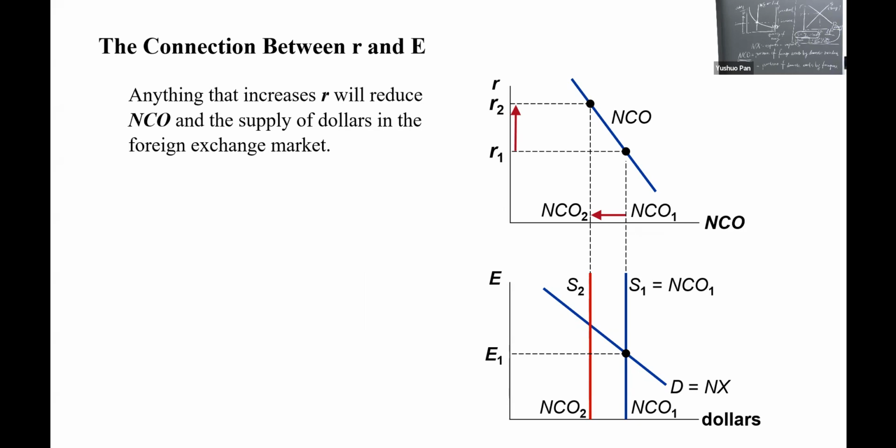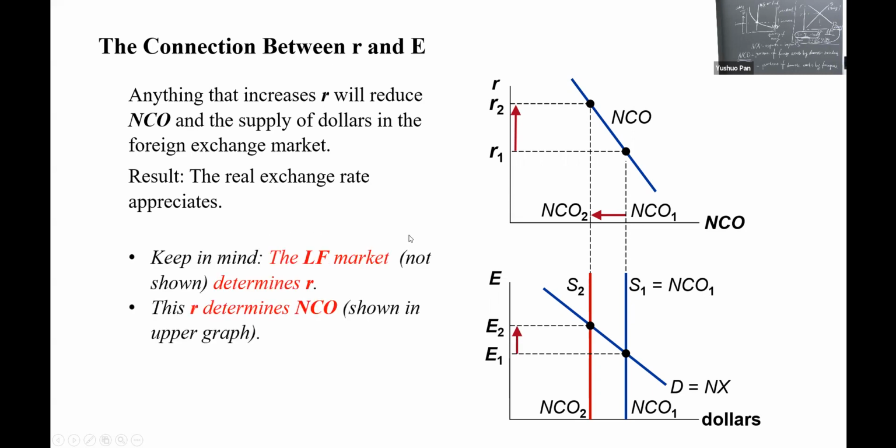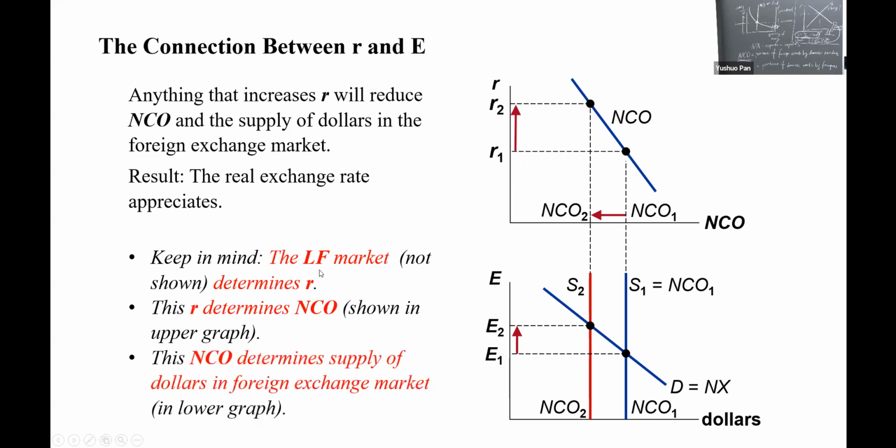So the net capital outflow will decrease, which means the supply of the US dollars will decrease. The supply curve is going to shift to the left-hand side. Result: the real exchange rate appreciates. Keep in mind that the loanable funds market determines the real interest rate.